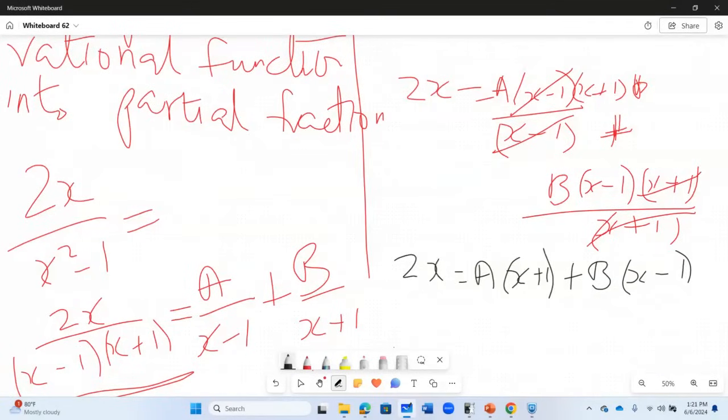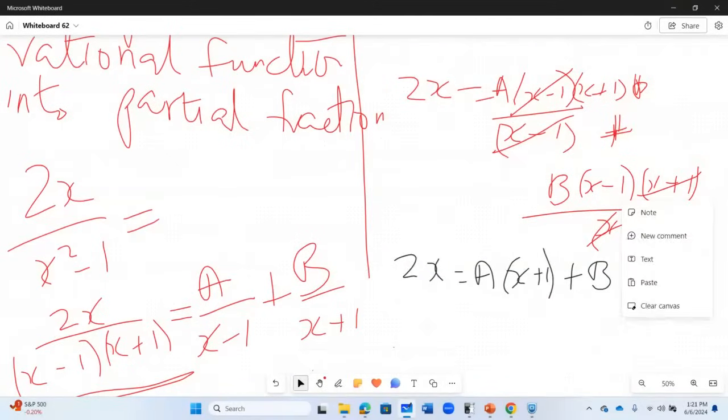All right, how do we get the value of A and B? If I want to get the value of A, I want to make this x minus 1 zero. So let x equal 1.